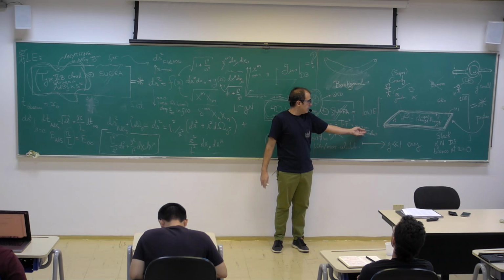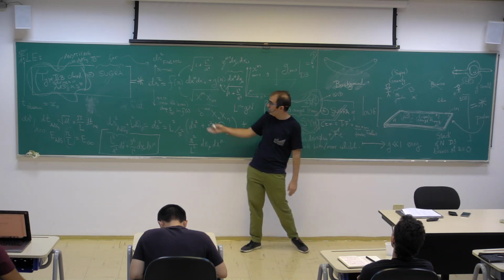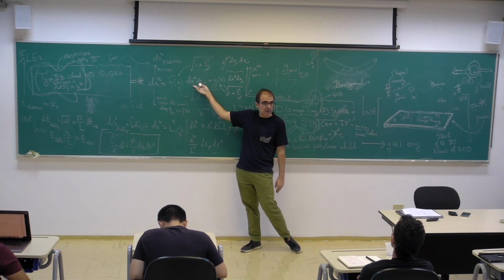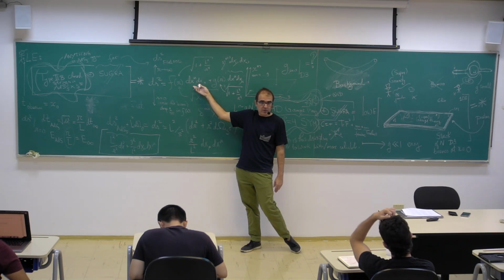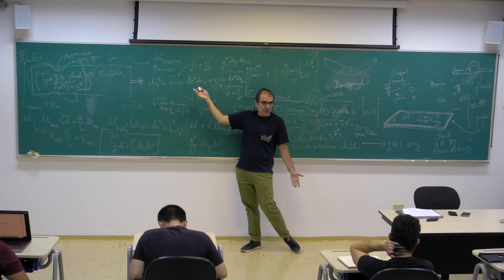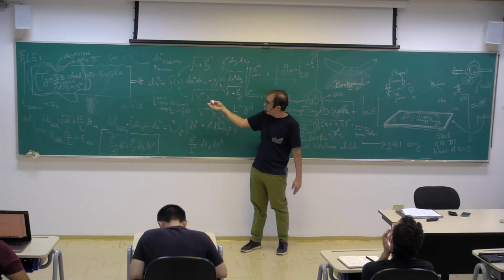But the problem is, at least one problem is that we don't know how to write all terms. So we would not have control over this theory. We also don't know how to write a string theory in this background. We don't know how to write a worldsheet theory. So it would just be too complicated. But it's indeed a good point.